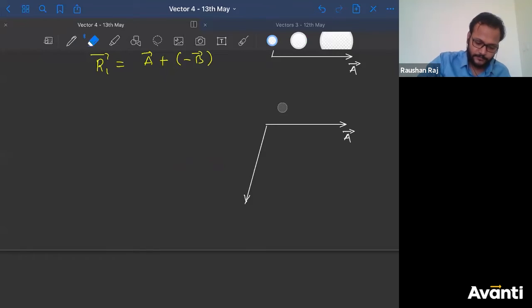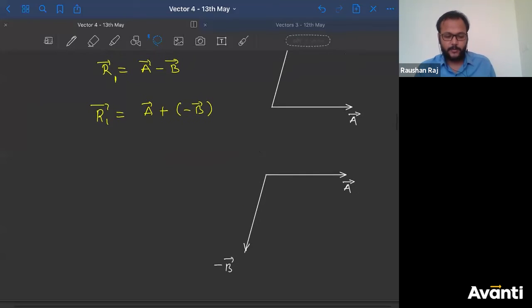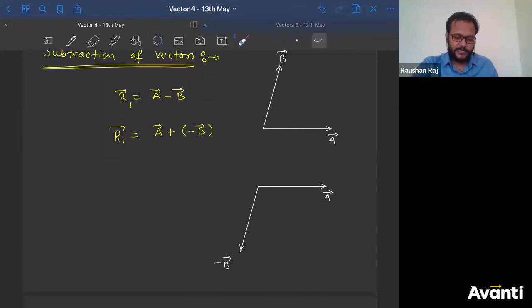So this is minus B vector. Understood? What I have done is made the direction of B ulta, that is minus B vector, right? Yes, correct, Vikas. The direction of minus B will be opposite to the direction of B. So I have reversed the direction of vector B to get minus vector B.